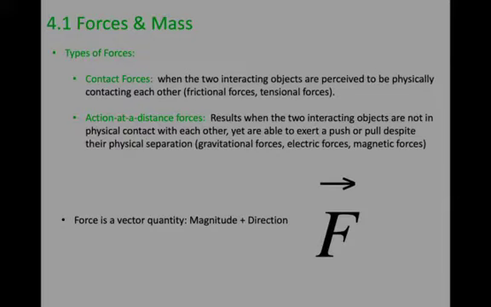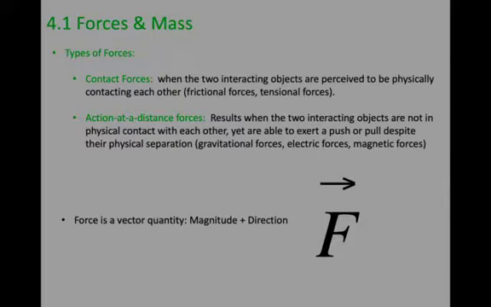And we have two main types of forces. The first is called the contact forces, and the second type is called action at a distance forces. And as their names say, it's very direct. Contact forces is when you have two objects that are in contact and they are applying forces to each other.